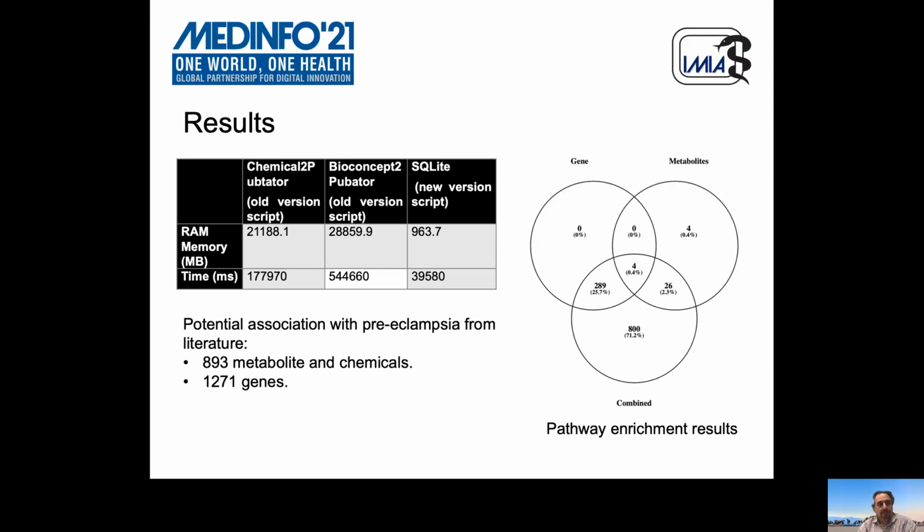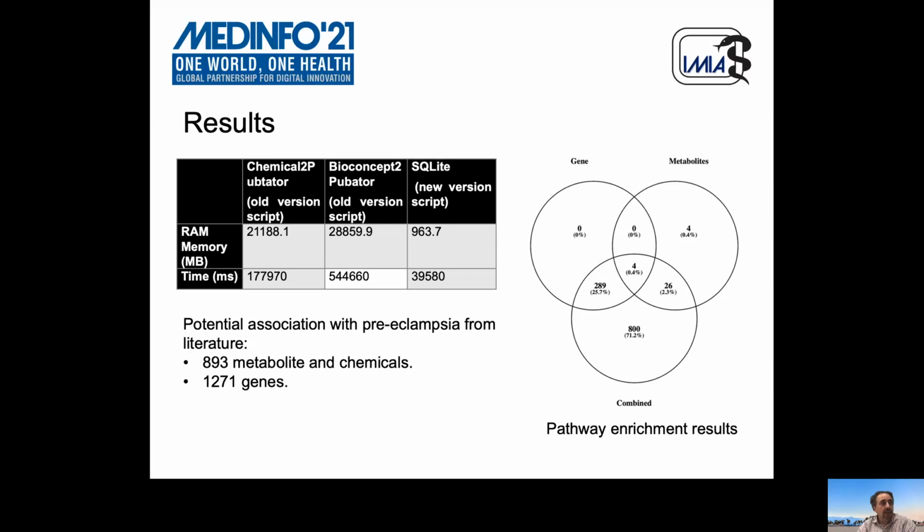Using the bioconcepts to PubData dataset, this RAM consumption goes up to almost 29 gigabytes, whereas with the new version of the script using the SQLite, it stands at 963, almost 964 megabytes, which is a significant reduction in the use of RAM memory, and makes it more accessible for use in normal computers with smaller amounts of RAM.